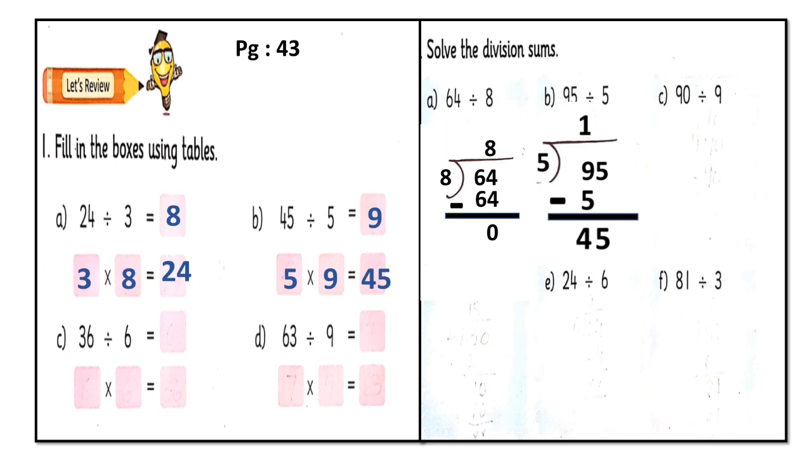Now multiply number 5 to get the number 45. How many times do you multiply? 9 times. It means 5 nines are 45. 45 minus 45, 0. What number do we get? 19. It means 95 divided by 5 is equal to 19.